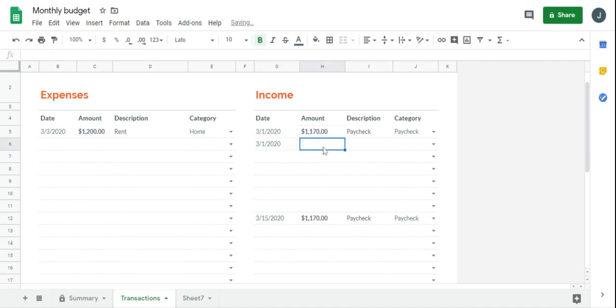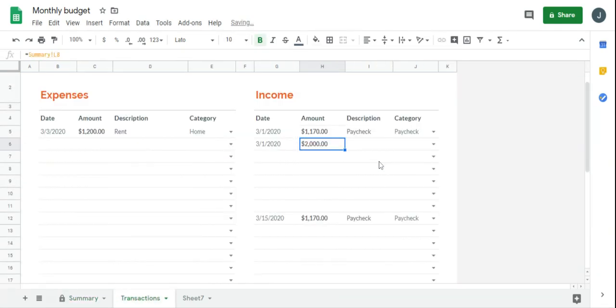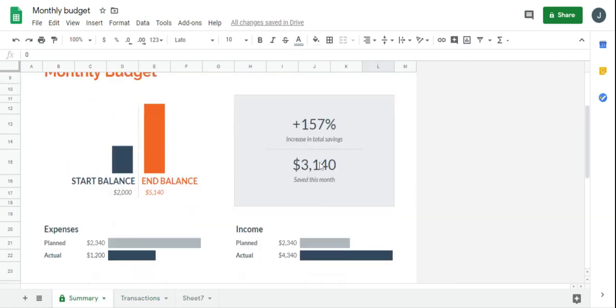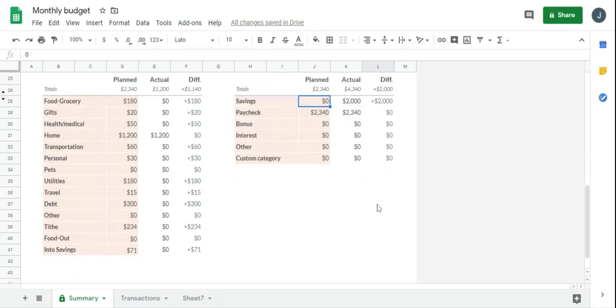All right, set that equal to our initial value here, prior month balance, and that's going to go under savings. All right, now that we have that, you can see it has it here. You don't have anything assumed for that, for the planned. You're always going to have something, but you would rather have more.